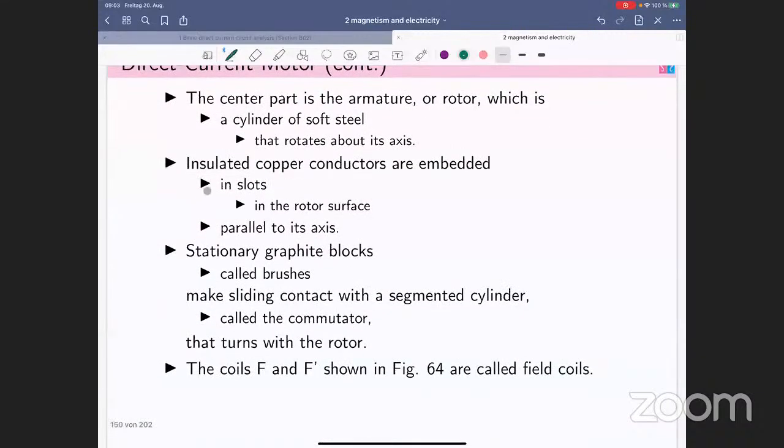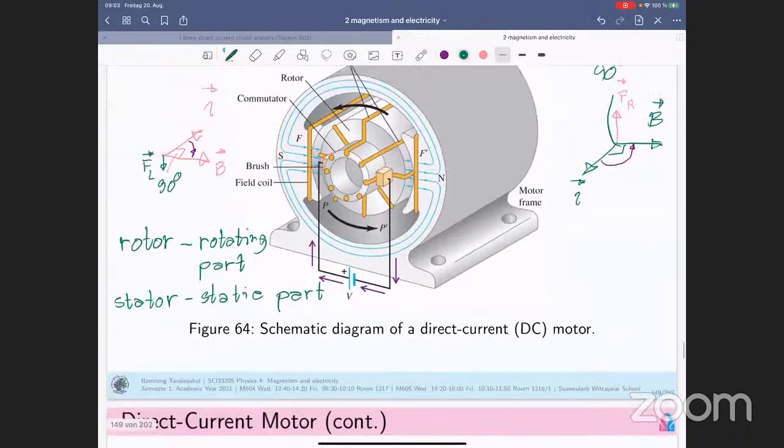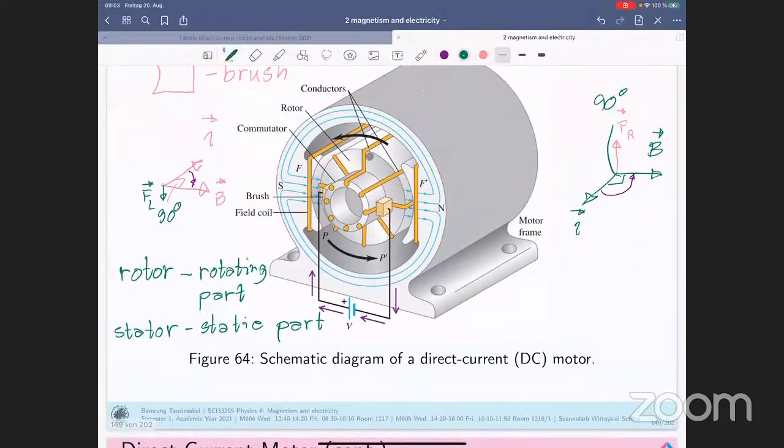Well, the conductor here should be insulated. You pour it in liquid form, and after that it gets rigid and just functions as the insulator, so that it will not let the current flow through the rotor.